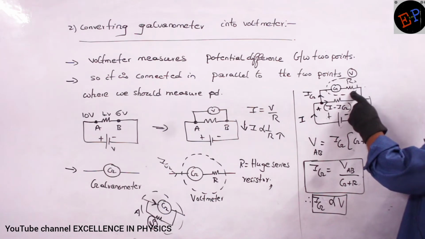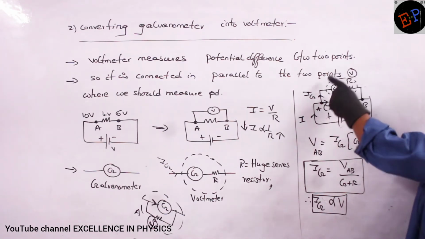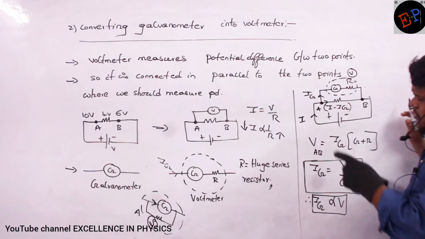Galvanometer in combination with a very huge resistor makes the voltmeter. In this circuit, I is the current.